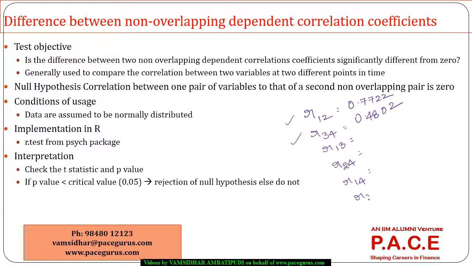And similarly I am computing 2, 3, the correlation between the realty sector in the first 50 months and the telecom in the next 50 months. These are non-overlapping periods, but they are dependent correlation coefficients. I really want to understand whether such a relationship exists or not.